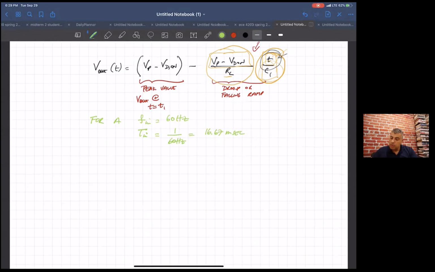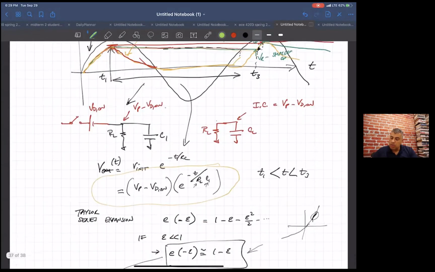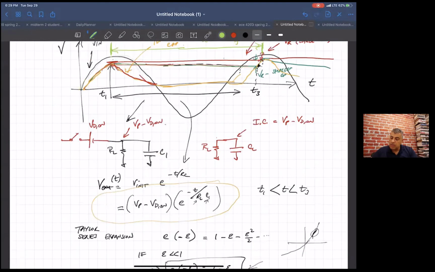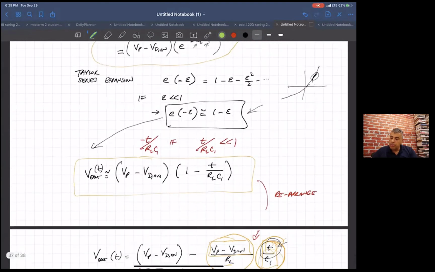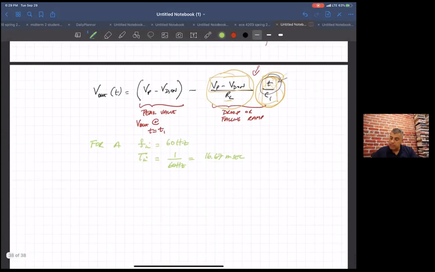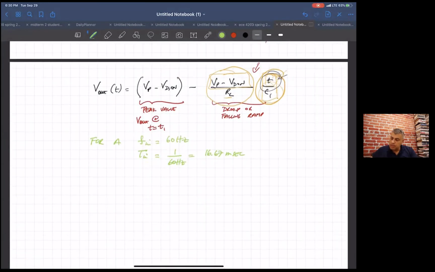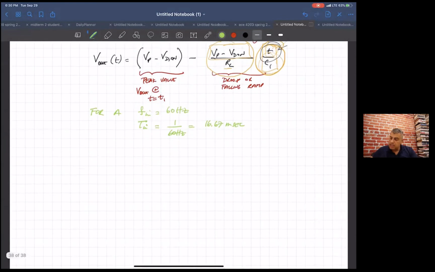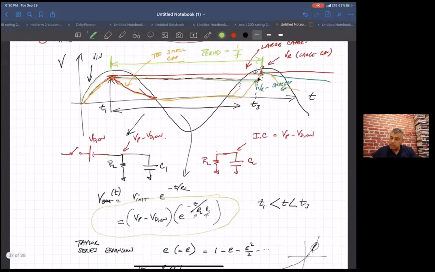Okay, so if you have a 60 hertz signal coming in, this whole period is 16.67 milliseconds. So what is the maximum value of t? We're discharging from here all the way to here. From T1 to T3, we're discharging. We're on for just a very small period of time before we start discharging again.